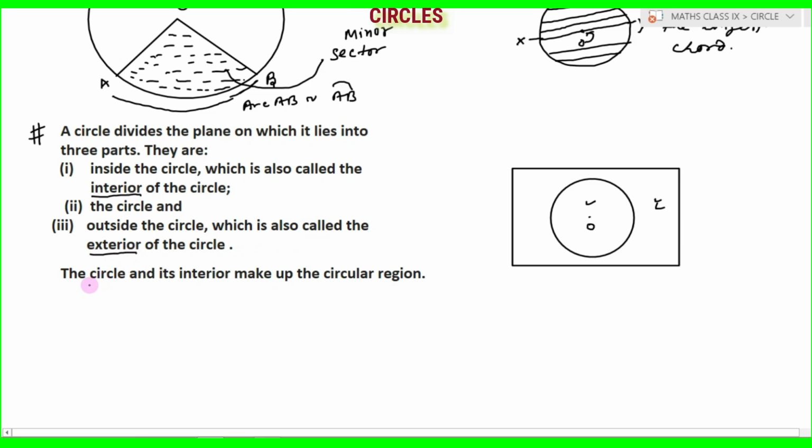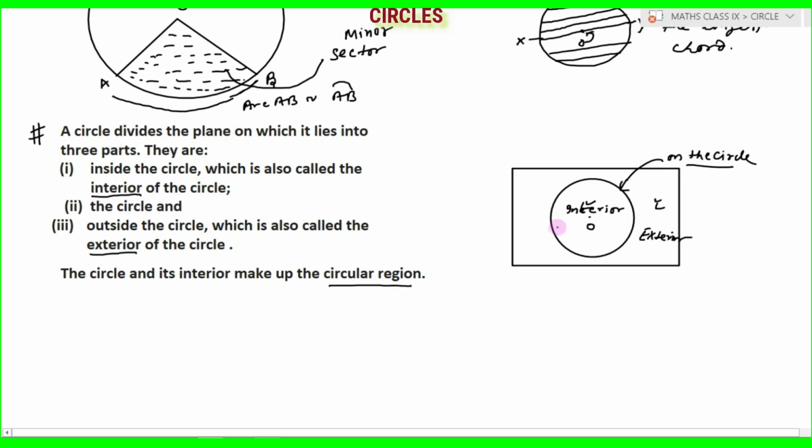Circle and its interior together make up the circular region. See in the figure, this part is called the exterior. This part is called the interior. And all those points which are on this circle are called on the circle.